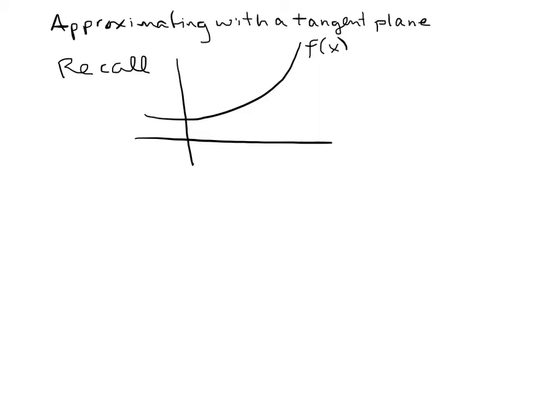let's just say at this point A, we could go from point A up to the graph and then over, and we could find the value of the function at A. Now, because of calculators, this is easy, but back before there were calculators, it wasn't so easy.